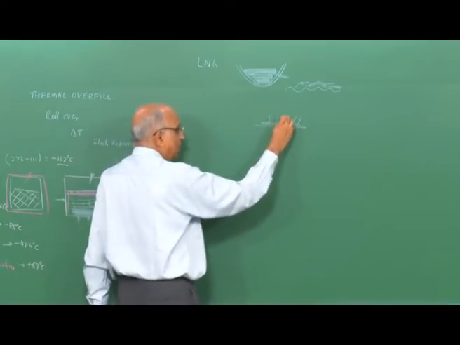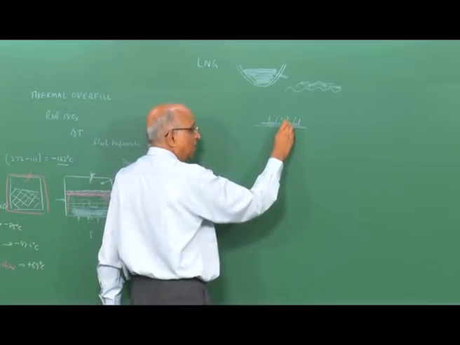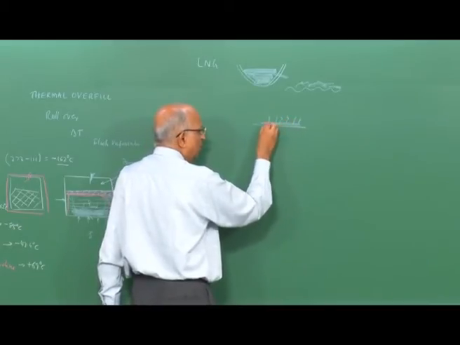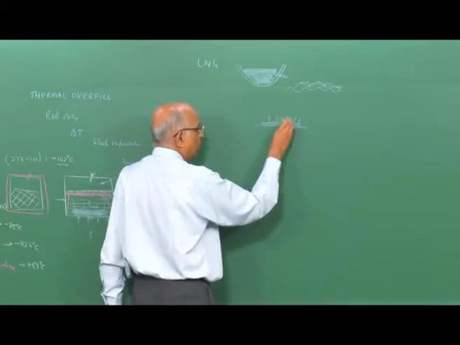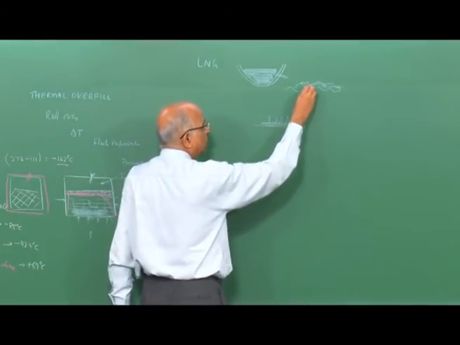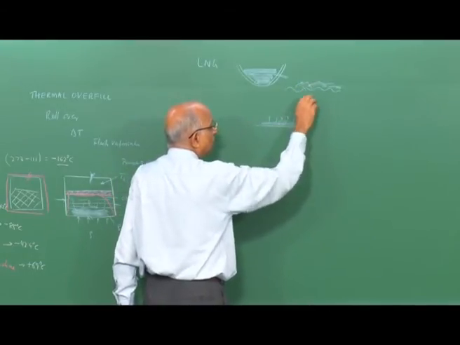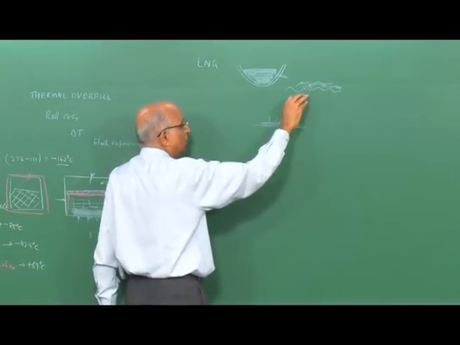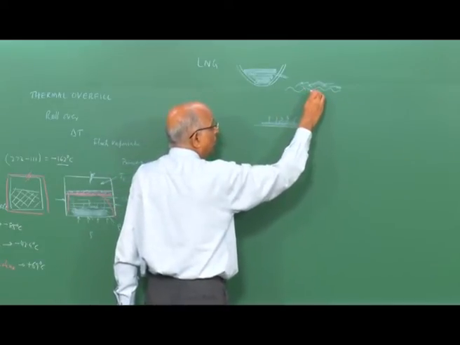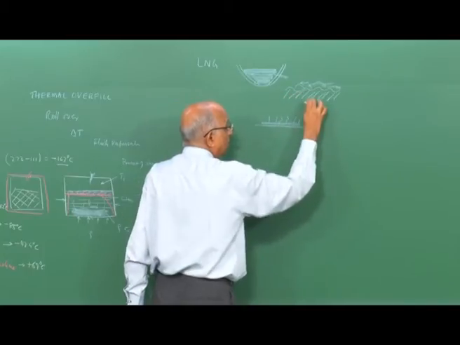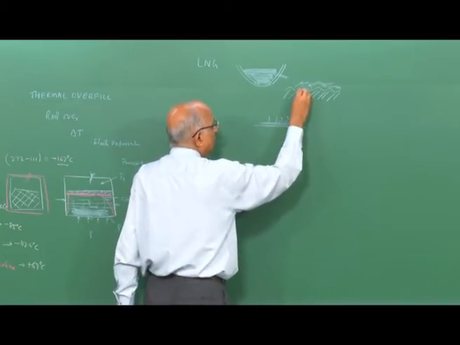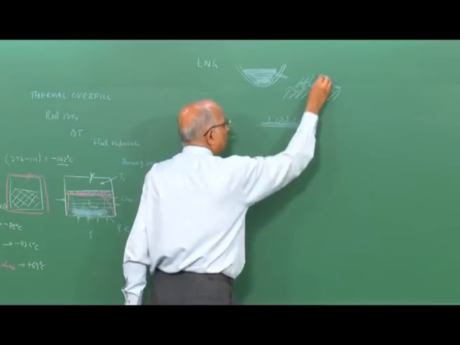But when it flashes into vapor, it absorbs the latent heat from the liquid, and therefore the rate of evaporation comes down with time. Whereas if the spill occurs over water in an ocean, because of the turbulence of the ocean and also the convection of water below, the spill continues to evaporate.